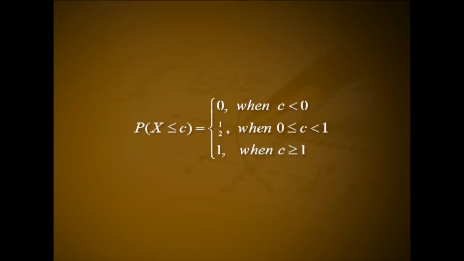For this real valued function X defined from S, if it is possible to define P of X less than or equal to C for any real number C, then the function X is known as a random variable defined over S. For the defined real valued function X, we can write P of X less than or equal to C as 0 when C less than 0, 1 by 2 when 0 less than or equal to C less than 1, and 1 when C greater than or equal to 1. Hence, the real valued function X is a random variable.